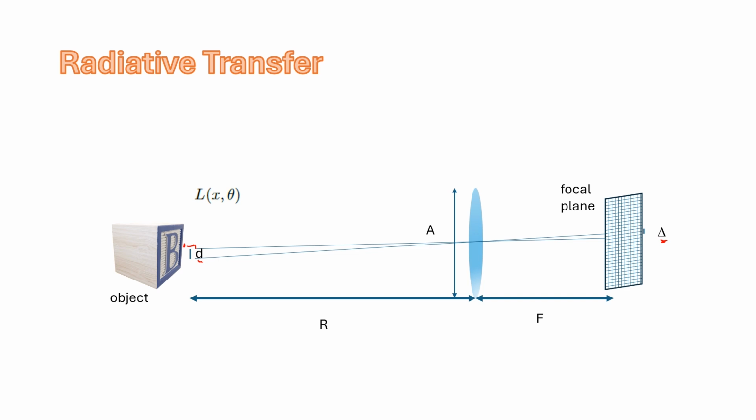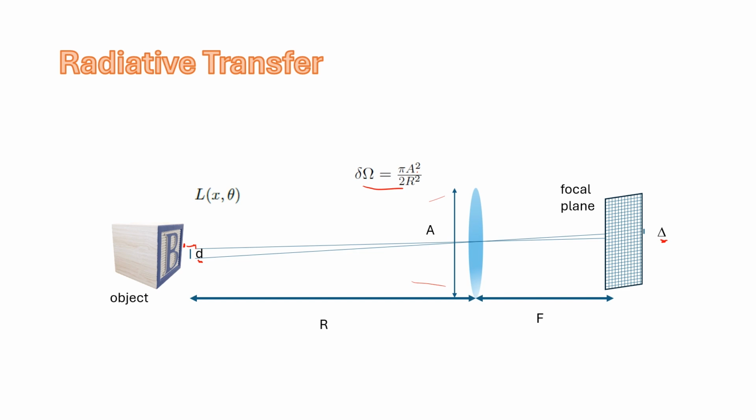The energy collected from the object by the imaging system is related to the solid angle captured by the imaging system, which is going to be the diameter of the aperture divided by r squared times pi over 2. So this is the solid angle collected by this imaging system going into this pixel.